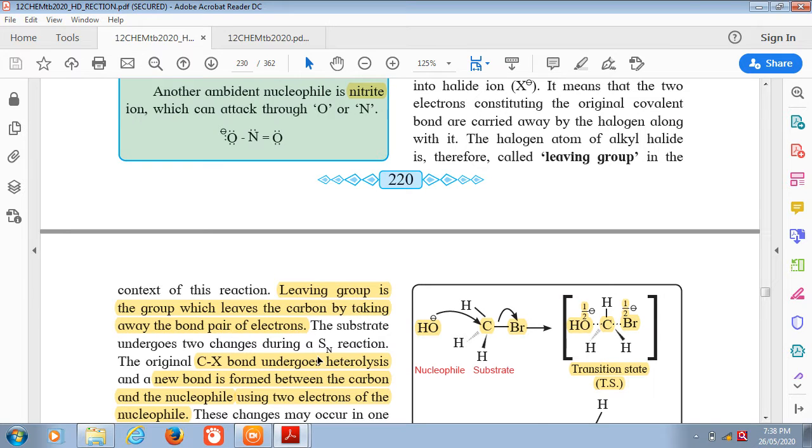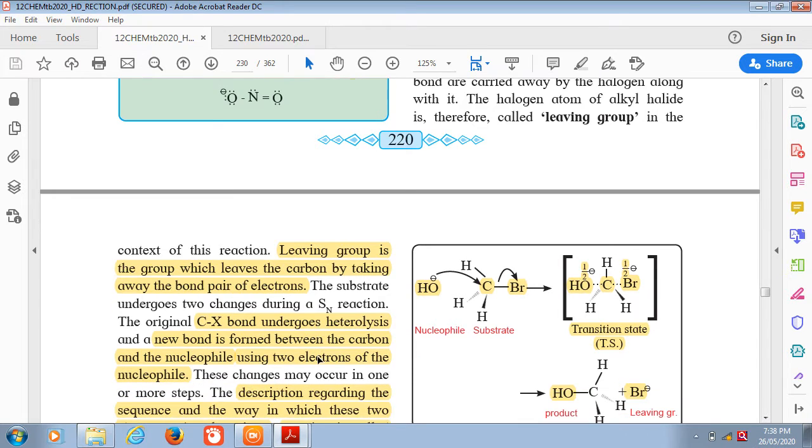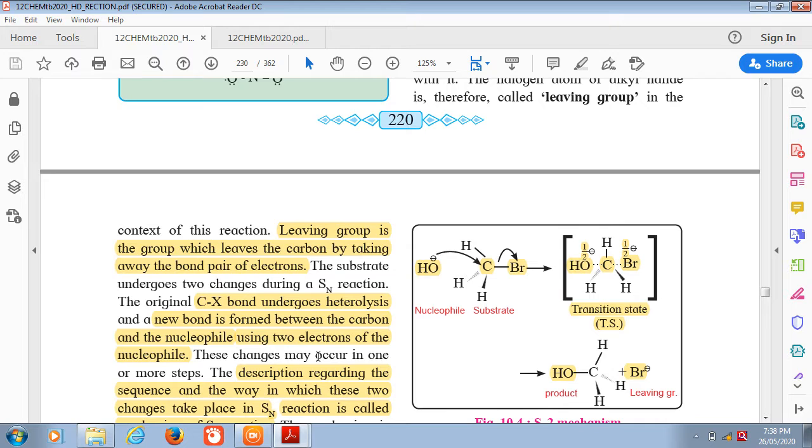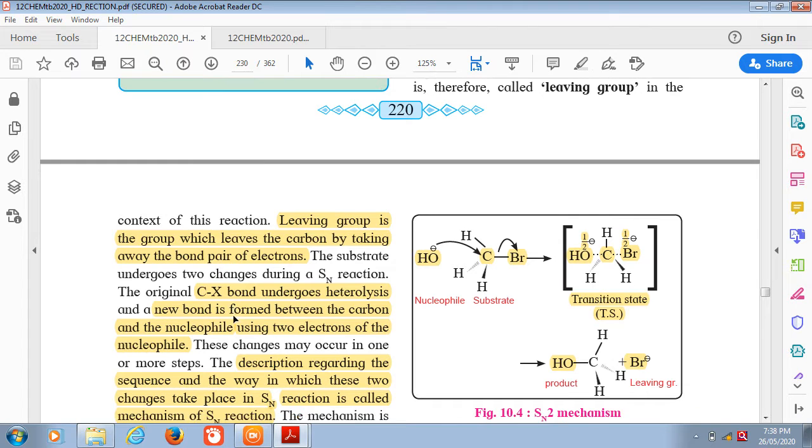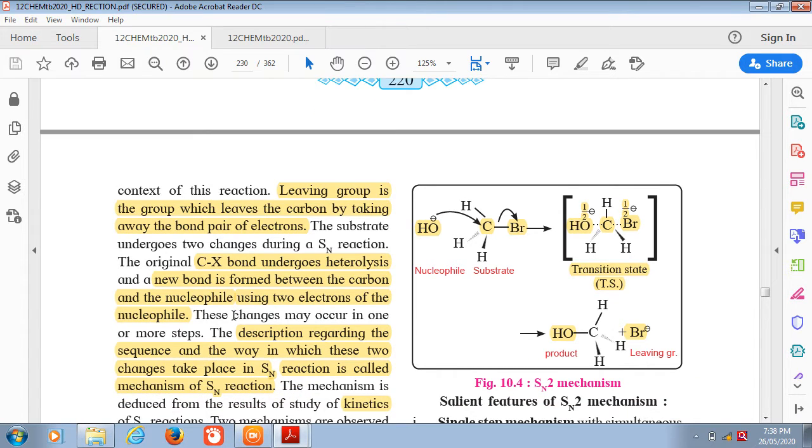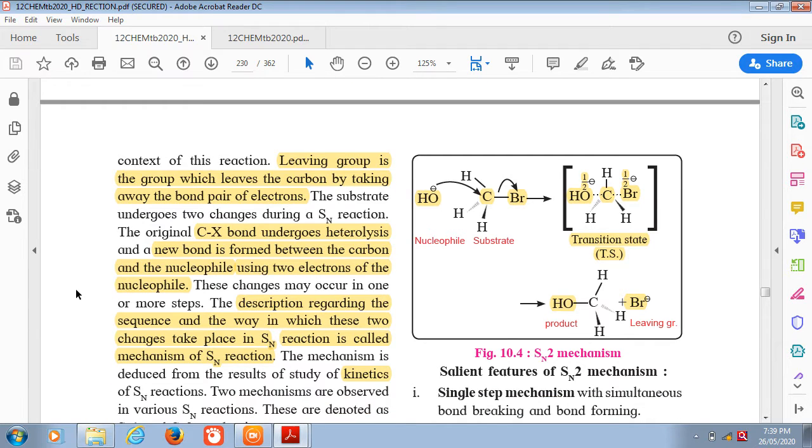The substrate undergoes two changes during this SN reaction. The original C-X bond undergoes heterolysis, unsymmetrical breakage, and a new bond is formed between the carbon and the nucleophile using the two electrons of the nucleophile. So the nucleophile is negatively charged or contains a lone pair of electrons.